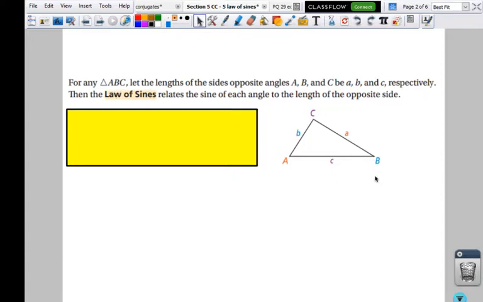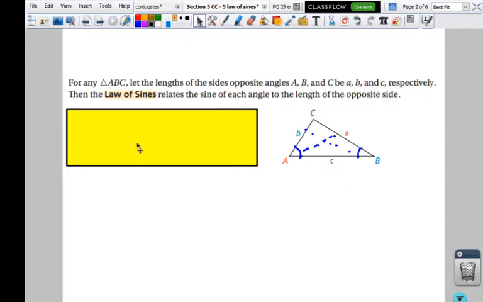If we have a triangle ABC here with the sides opposite the angles having the same letter, A is right here, so opposite from it is going to be a lowercase a, opposite from B, lowercase b, opposite from C, lowercase c. If I have it set up like this, I'm going to use my law of sines.